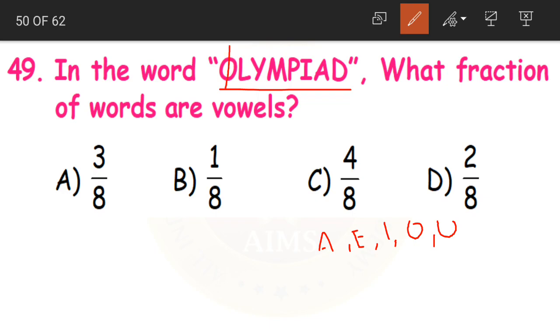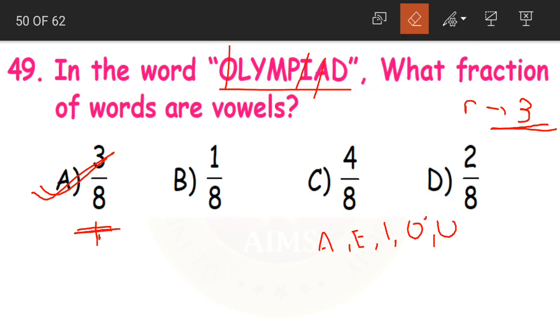Now from this we have O, I and A. How many vowels do we have, children? 3 vowels. So 3 becomes our numerator divided by, if you look at the given options, we are having 3 as the numerator in option A. So we can simply tick that option A is our correct answer.